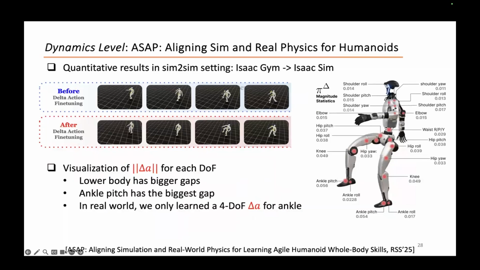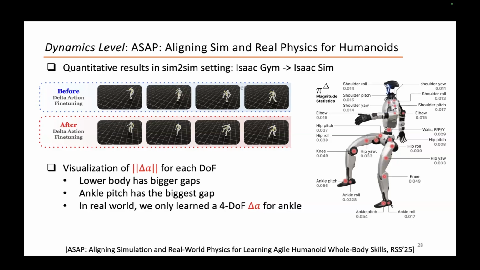So we cannot prove it's a general one. It's empirically pretty general because the error is shared across tasks. I think a lot of it is very simple. For example, if you can see this figure, we show the magnitude of delta A for different DoFs. The ankle one is really significant. It sounds funny, but Isaac doesn't support closed-loop mechanical chain connections, and in reality, G1 has that.